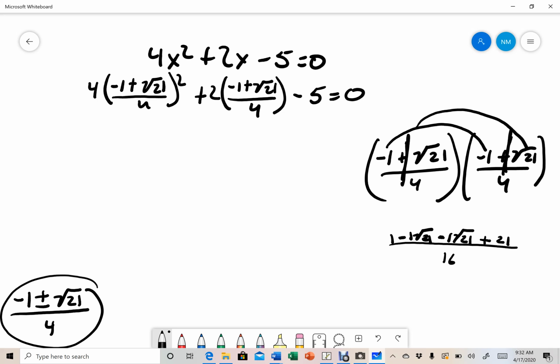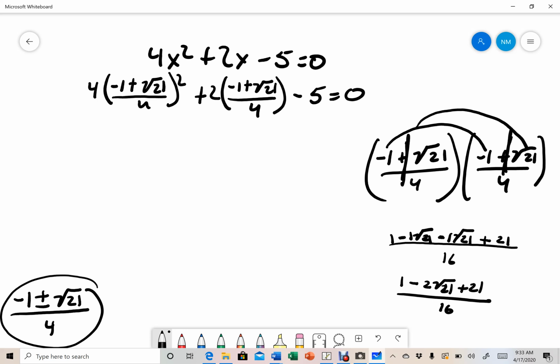Okay, so we factor this out here, and this is what we get here. So we're going to combine our like terms. We've got a negative and a negative. So now I've got 1 minus 2 and the square root of 21 plus 21 divided by 16. Okay.